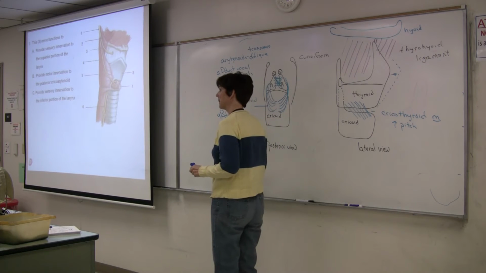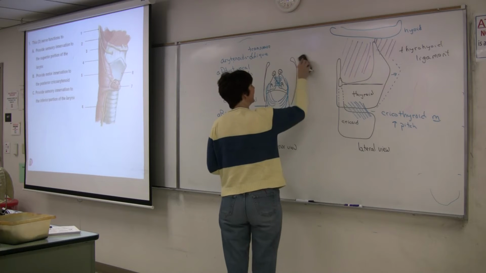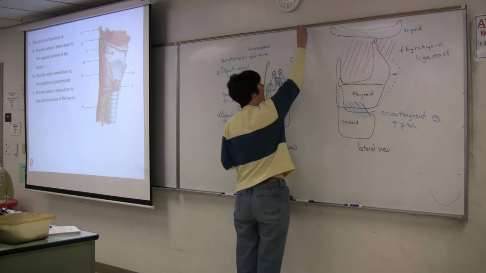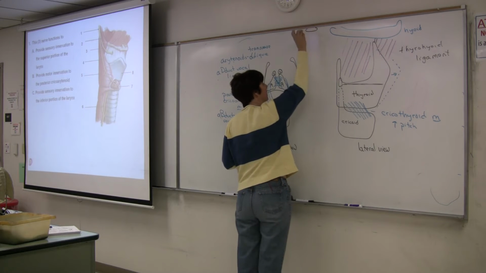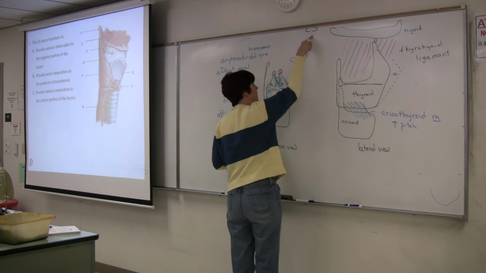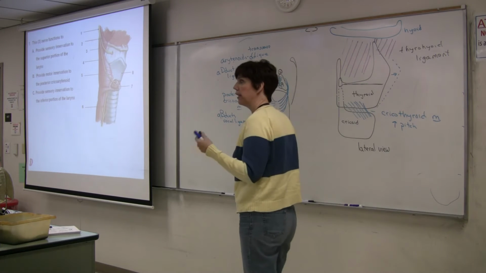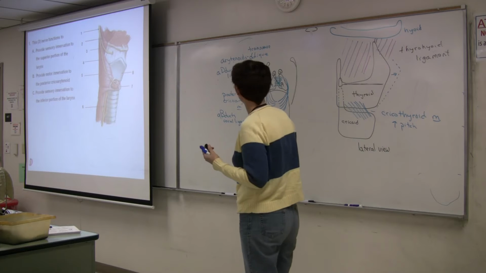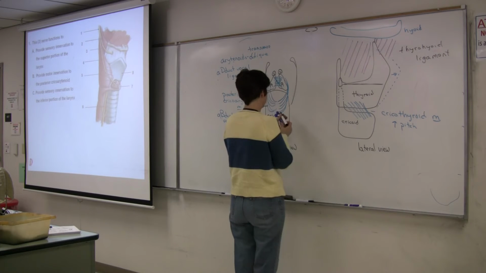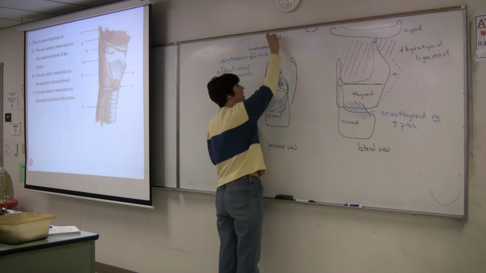Which one? Starts with an N? No, it starts with a J. Jugular. So the glossopharyngeal, accessory, and the vagus nerve come out of the jugular foramen.